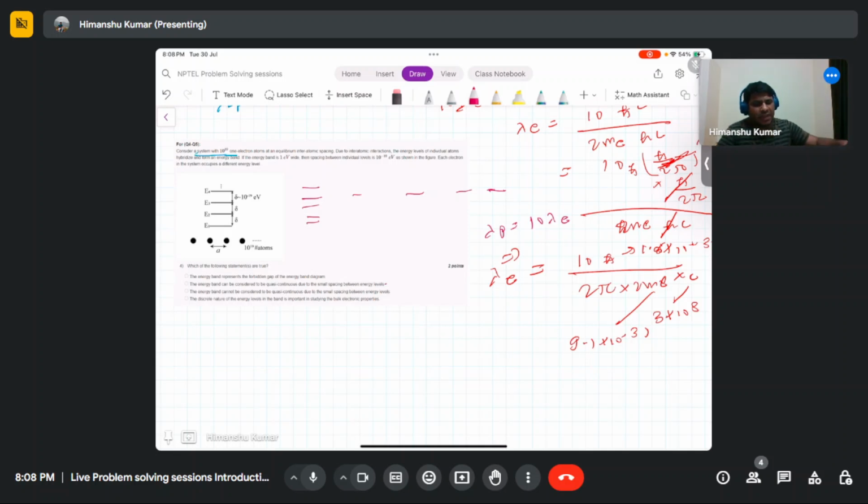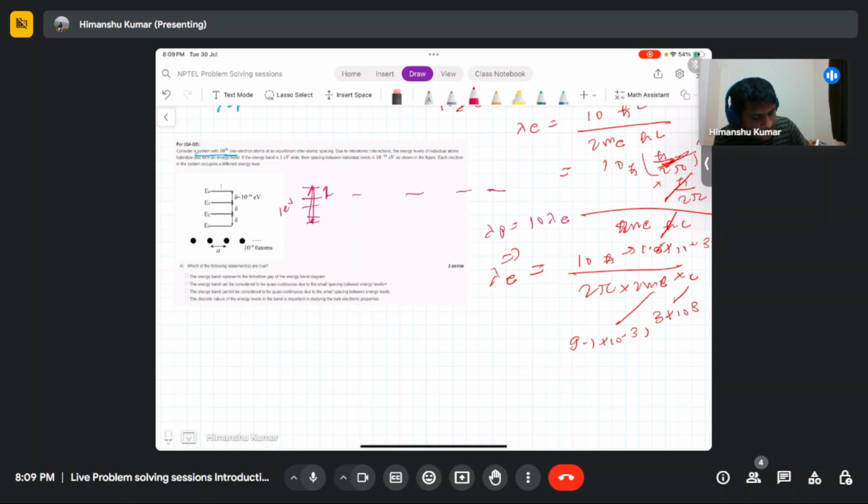If you consider atoms as equally spaced, then you can assume this distribution is uniform. So basically the total energy band is 1 electron volt, and the number of levels will be the same as the number of atoms. So you can calculate what the energy spacing will be of the order of.